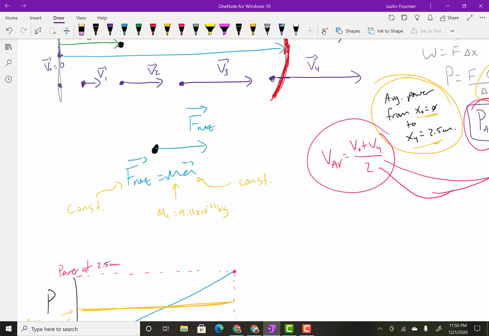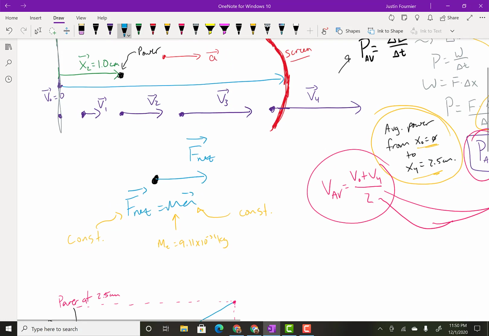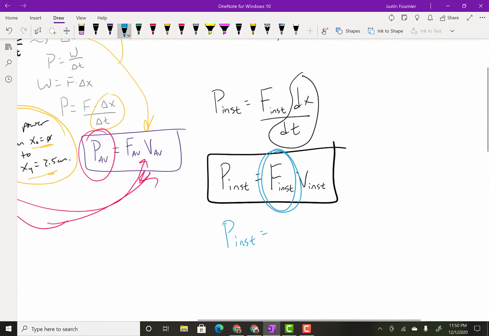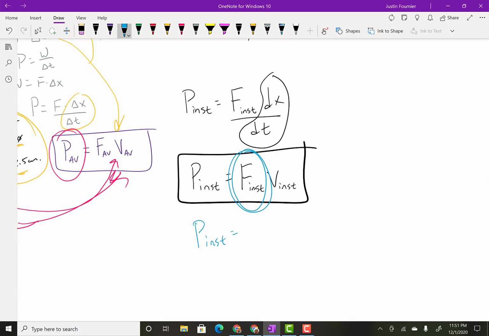The instantaneous force is the force throughout the whole problem, because the acceleration is constant and the mass is constant. So I can replace this with mass times acceleration, the mass of the electron times the acceleration of the electron. But now I need to find the instantaneous velocity.